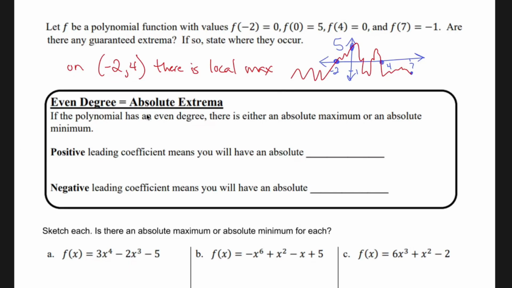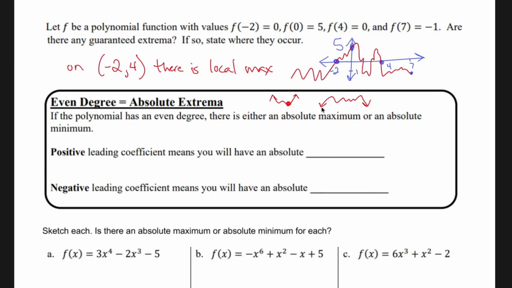Now, what you know from before about the end behavior of polynomials: if there's an even degree, it's going to start one way and end the same way. It doesn't matter how many dips there are, it's going to start one way and end the same exact way. So we are guaranteed an absolute extrema somewhere. This is a leading positive coefficient, and it's going to hit a bottom somewhere.